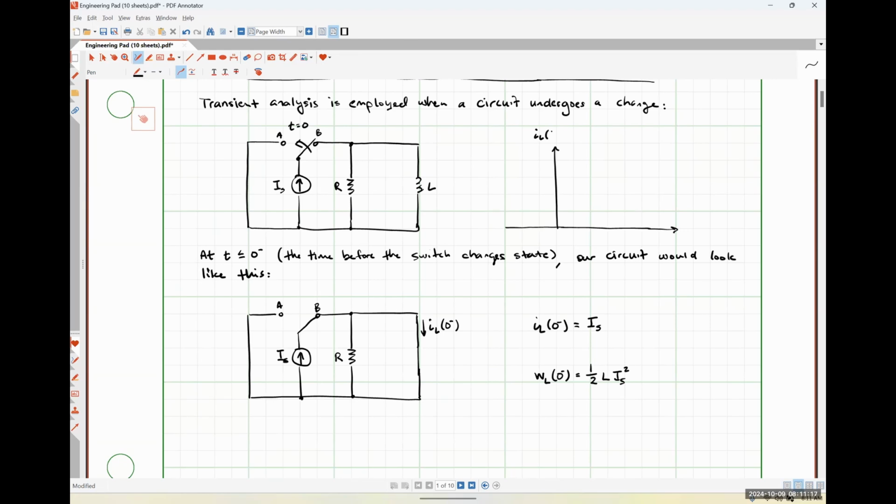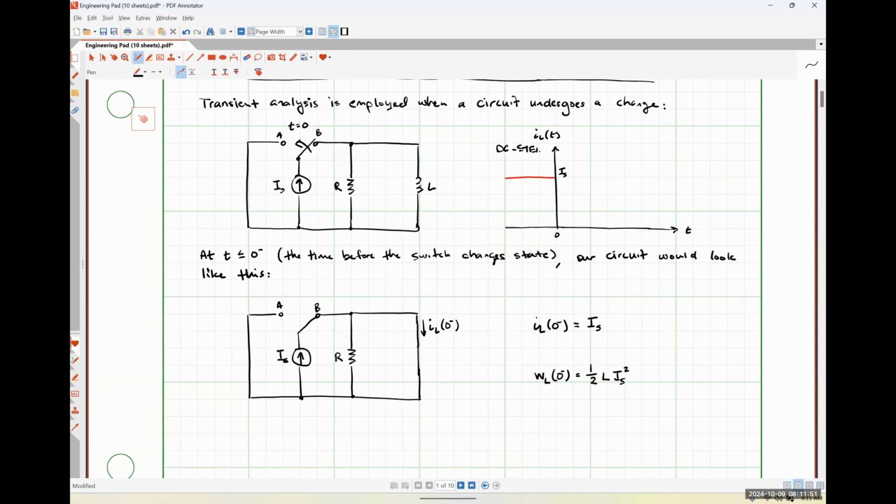Here's IL of t, here is t. And we just figured out that for all points in time up to t equals 0, our inductor current is some constant value, IS.